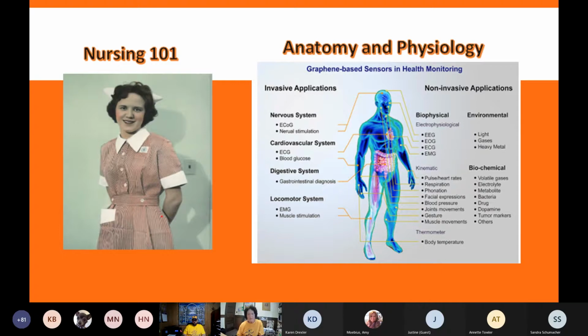But one of the lessons I think that I carry with me even today from my nursing school and being a nurse is the lessons I learned in anatomy and physiology about our own bodies, about the amazing internal systems that we have within each one of our bodies. And regardless of how you feel about your own anatomy, those systems are always at work.